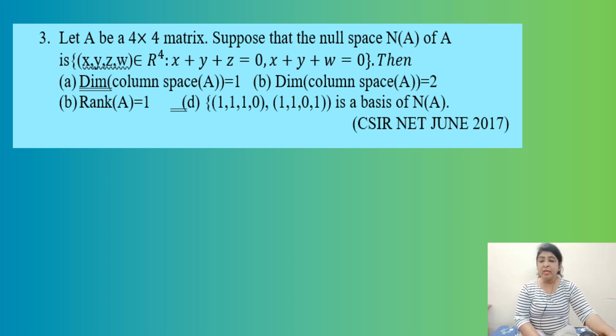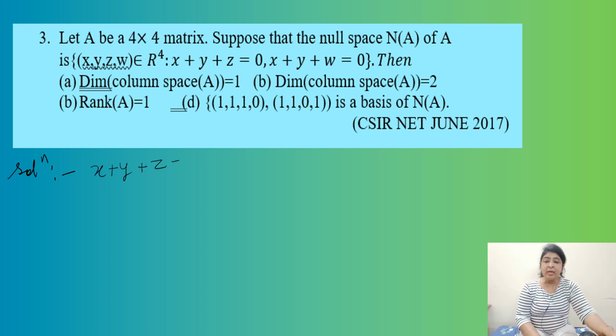So what are we given? We are given x, y, z and w belonging to R^4 such that x plus y plus z is equal to 0 and x plus y plus w is equal to 0. Comparing these implies z is equal to w.